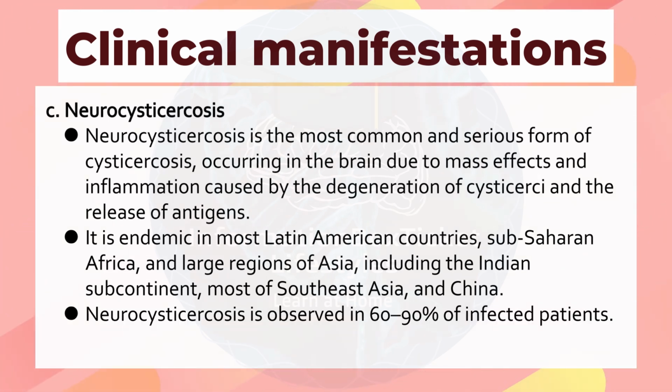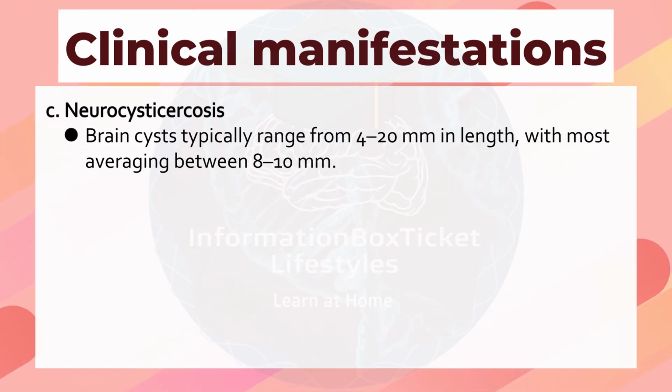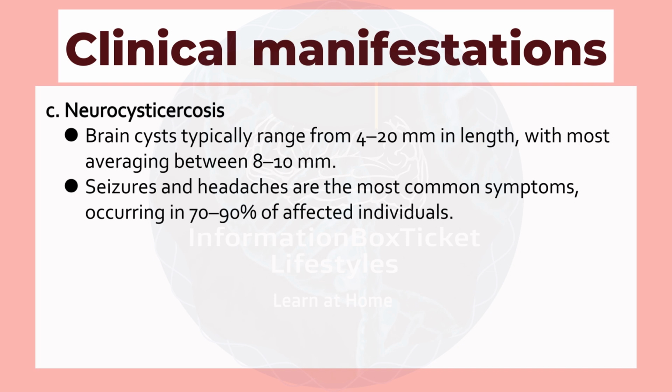Neurocysticercosis is observed in 60 to 90% of infected patients. Brain cysts typically range from 4 to 20 millimeters in length, with most averaging between 8 and 10 millimeters. Seizures and headaches are the most common symptoms, occurring in 70 to 90% of affected individuals.